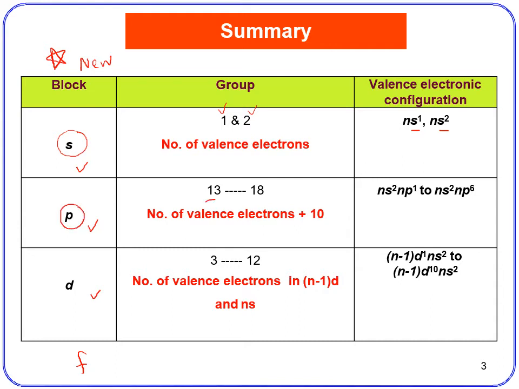Then followed by p block elements, which are the elements in group 13 until group 18. The electron configuration will end with p1 until p6. Because we know it is in group 13 until group 18, basically it's the number of valence electrons plus 10.